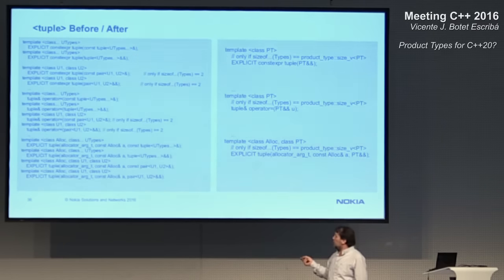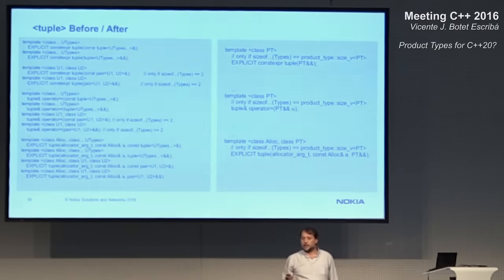The same thing for pair, assignment, and the same thing for allocators. If instead of being specific, we accept to be constructed from a product type, we have just one function. So very much more generic, it allows us to have less code with more software.